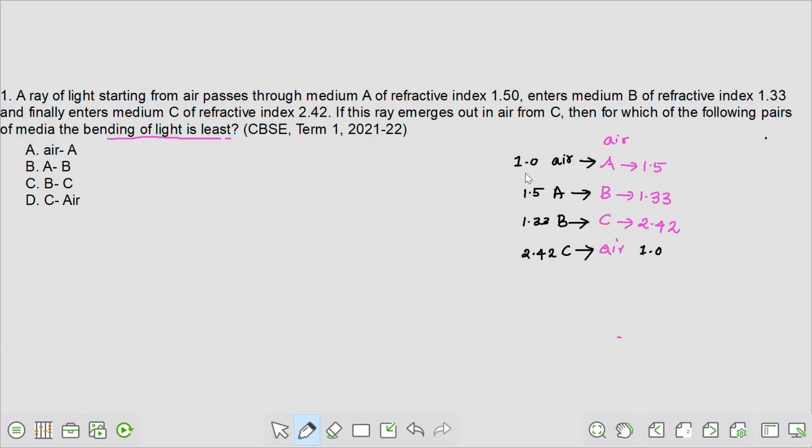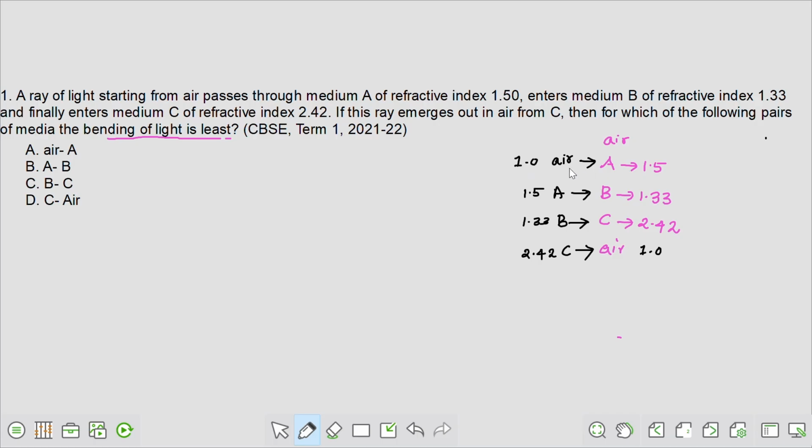Here we have different pairs of media. Let's find the difference between the refractive indices. If the change in refractive index is smaller, then the bending of light will be least. Let's see which has the least bending.